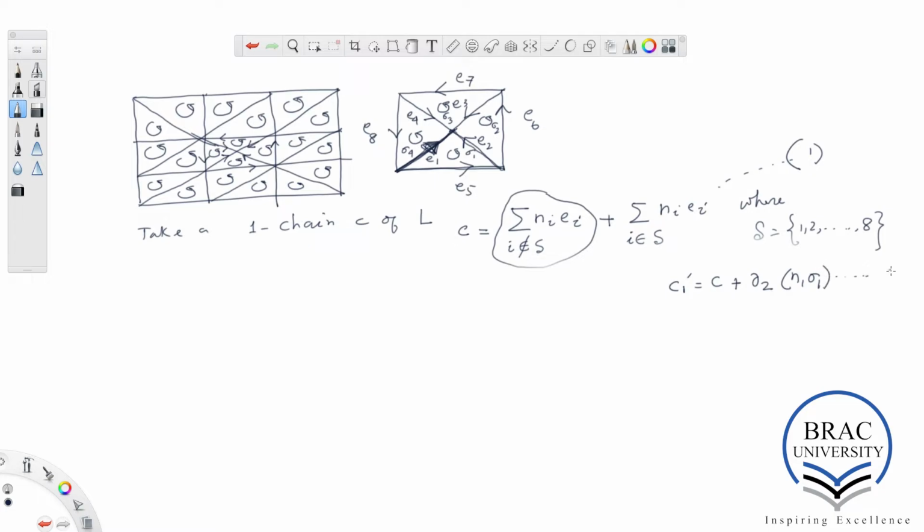Okay, this was equation number 2, but we don't need this.